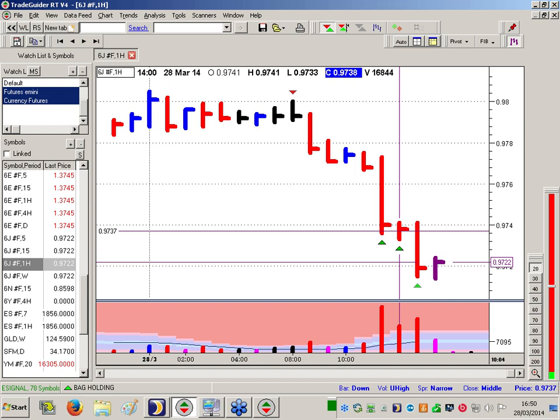Well, this certainly looks weak, doesn't it? Although, I'm saying that, well, you see, when you see these wide spreads down like this, that could be a sign of weakness. But it could also be stopping volume, couldn't it? But has it dropped enough?